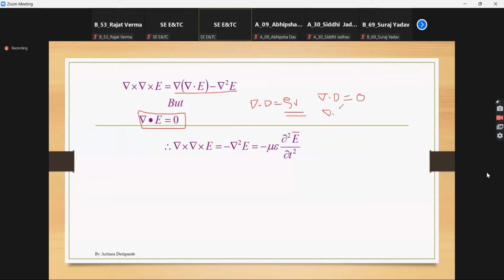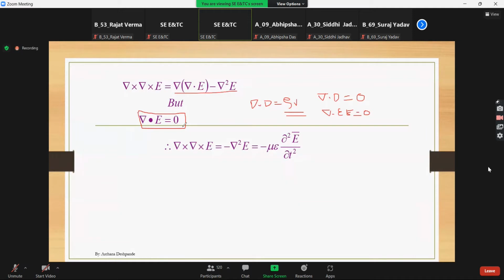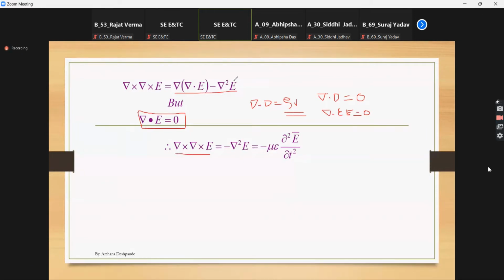D is epsilon E. Okay, so therefore I can say that the divergence of E is going to be 0 in free space. So this becomes 0. I'm sorry, this becomes 0, not this. This is 0, and because of this 0, this term goes away.